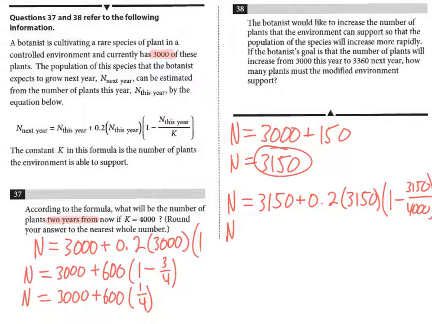Alright, so we're going to need 0.2 times 3,150. Well, that's a little bit harder than 0.2 times 3,000, so 0.2 times 3,150, that's 630. And then we have 1 minus 3150 divided by 4,000.